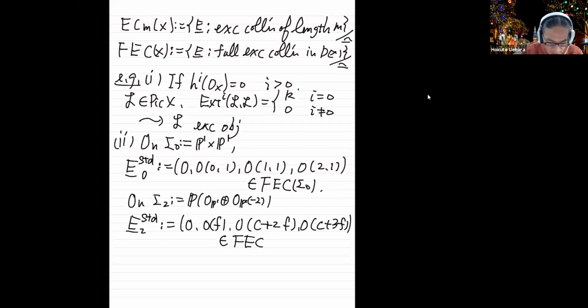And we can also check that this is a full exceptional collection on Sigma 2, but the detail is not important.